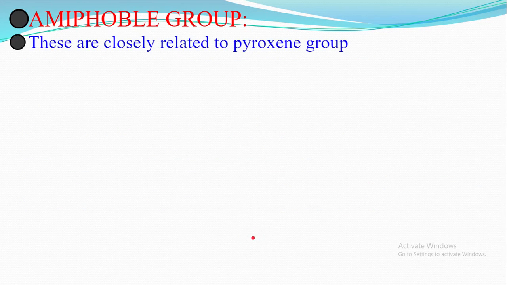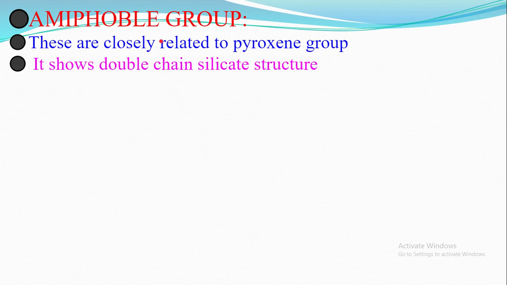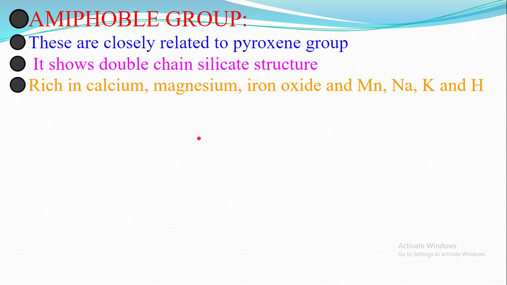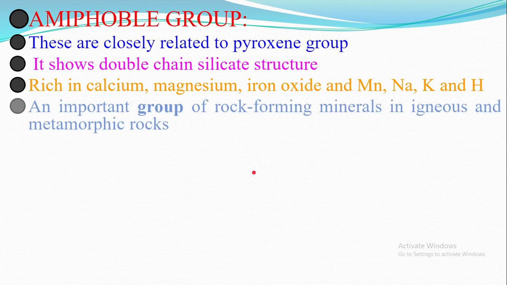Next, after the pyroxene, we will discuss the amphibole group. This is also a dark color mineral, closely related to the pyroxene. It shows a double chain silicate structure. Again rich in calcium, magnesium, iron oxide, manganese, sodium, potassium, and hydrogen.